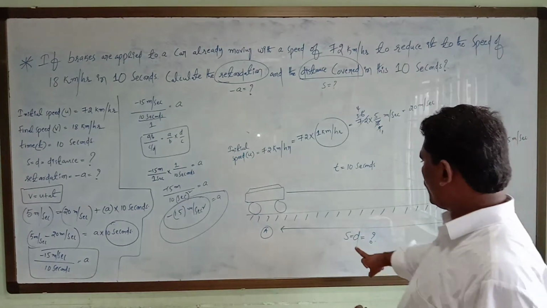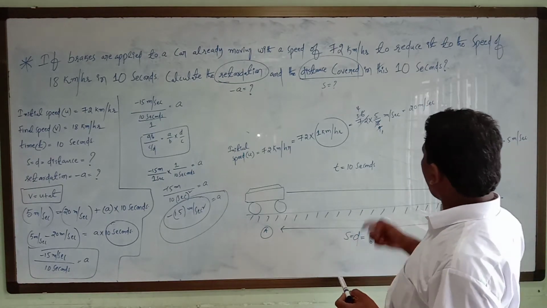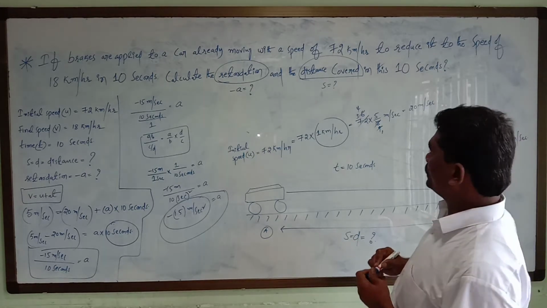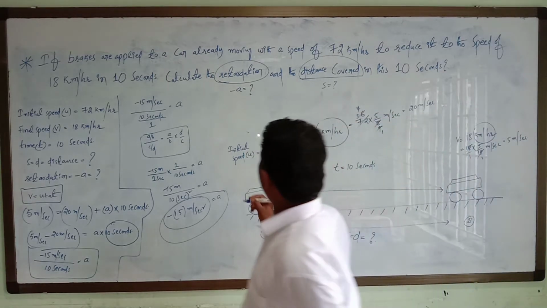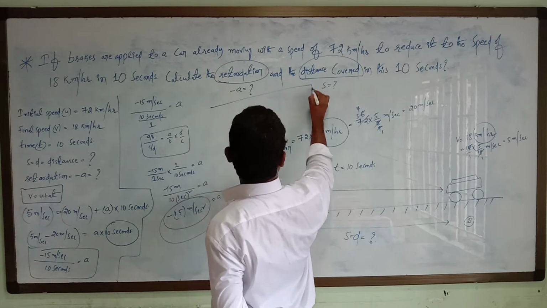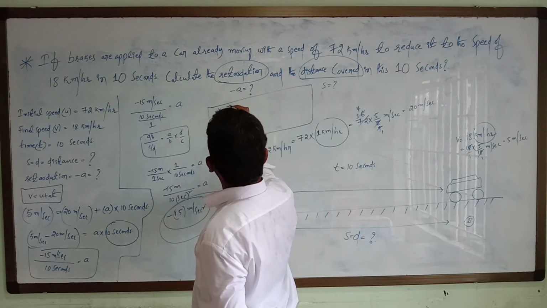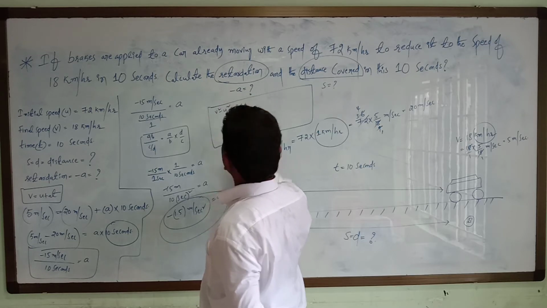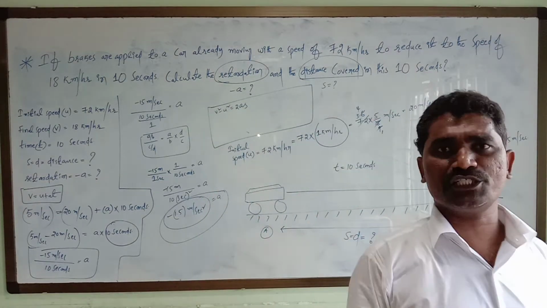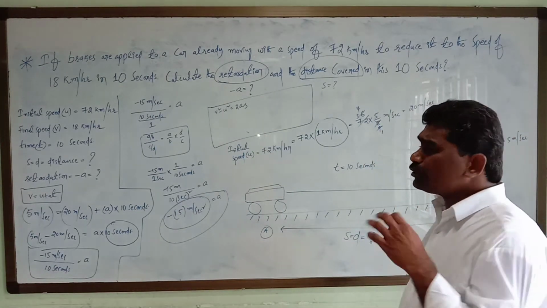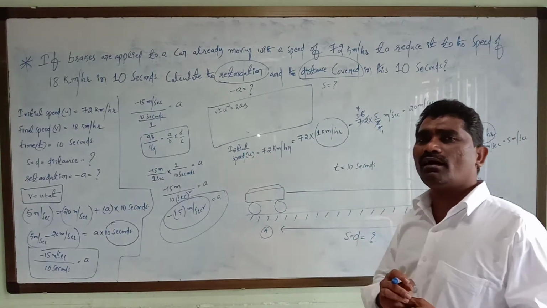To calculate distance, we have another equation of motion. What is that? In this box, we can write v square minus u square is equal to 2as. This is one of the equations of motion. Why should we use this particular equation?